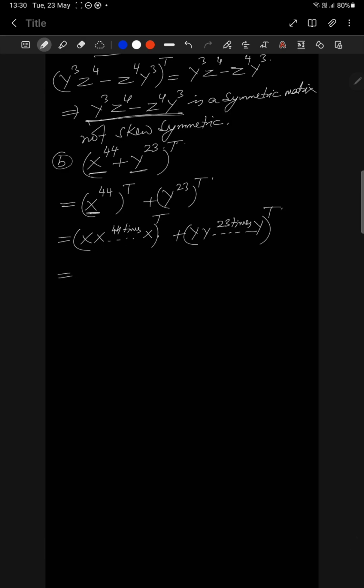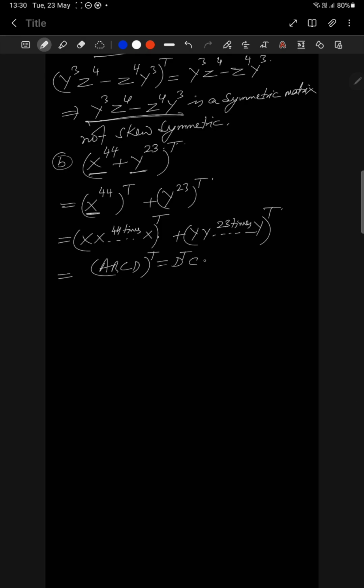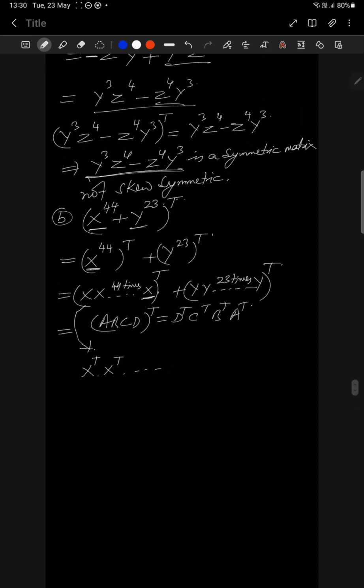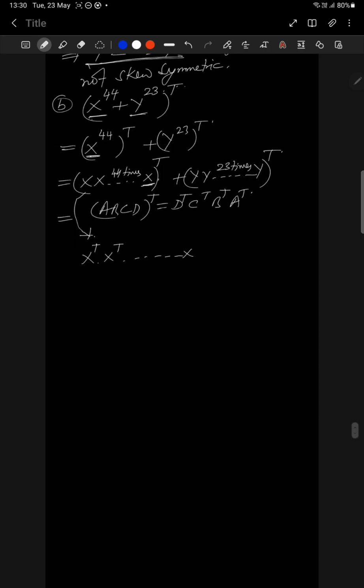Okay, and then again we use that concept, A B C D transpose is equal to D transpose C transpose B transpose and then A transpose. We can write this thing as, you start from here, x transpose how many times? 44 times, plus this was equal to what? Start from here, y transpose, how many times? 23 times.